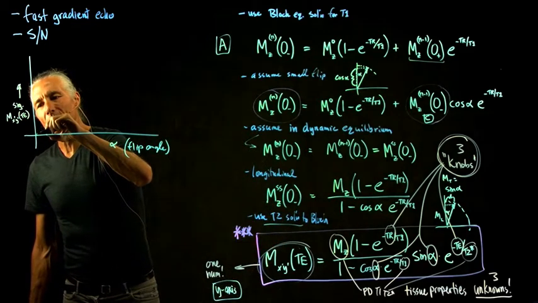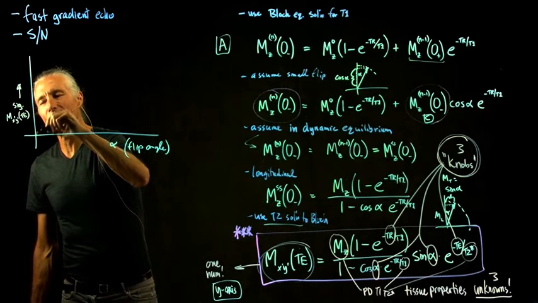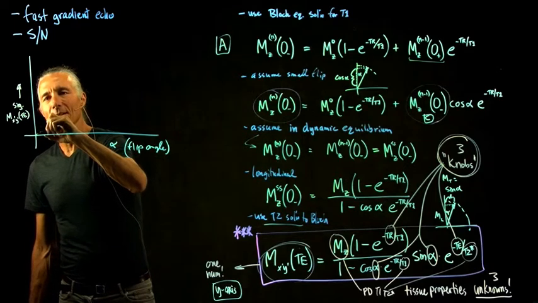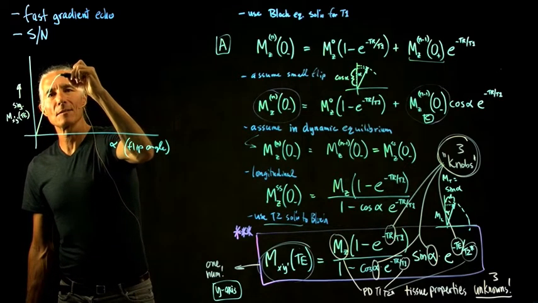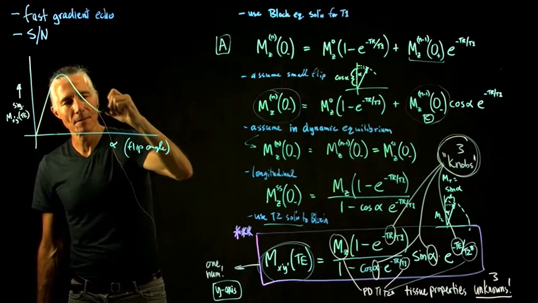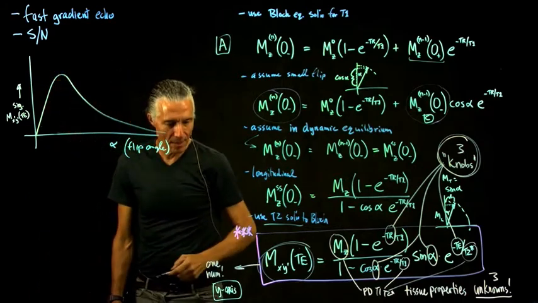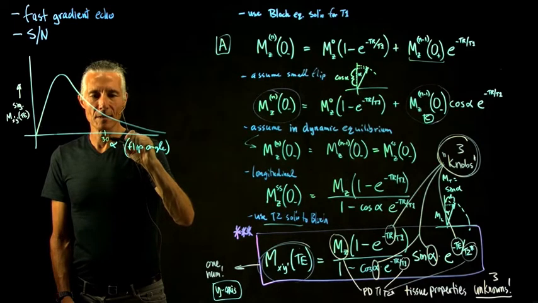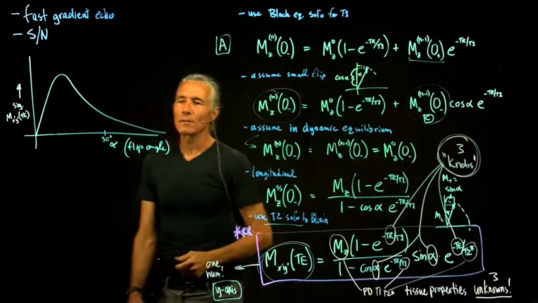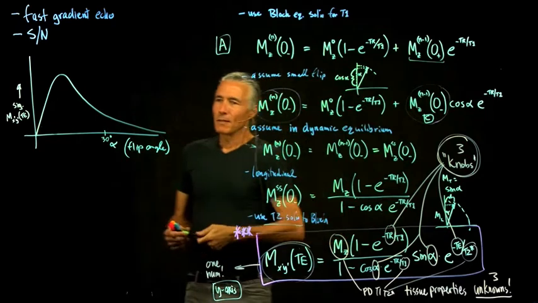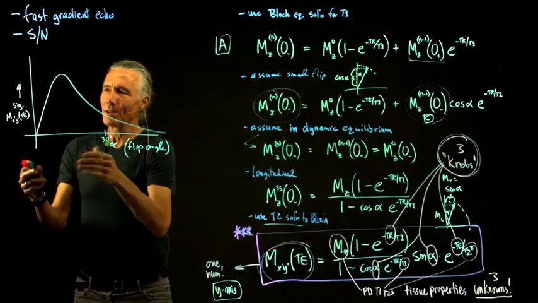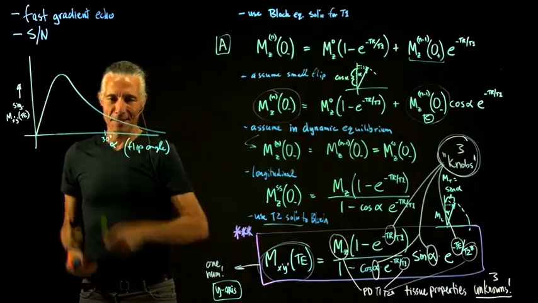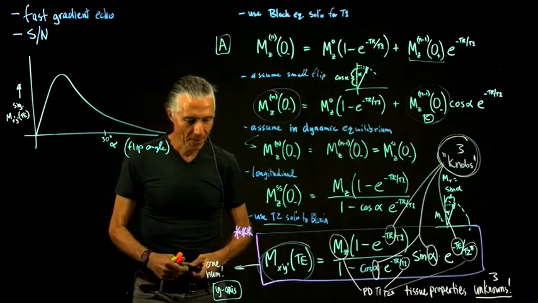If there's 0 flip angle, you're going to get no signal. So it will come up like this and do something like that. And this might be, say, about 30 degrees. As you go up, we're generally in the low angle, the fast low angle shot regime.